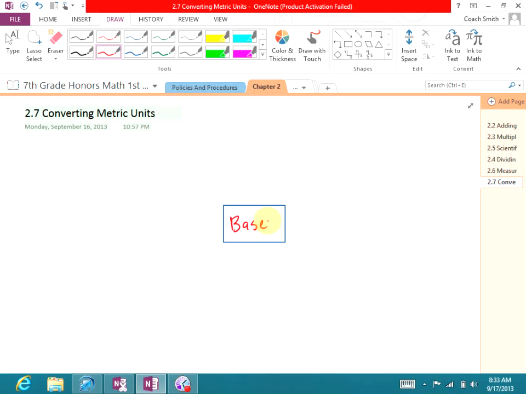And in the base is meters, grams, and liters. What we're going to talk about today is converting metric units of measurement.